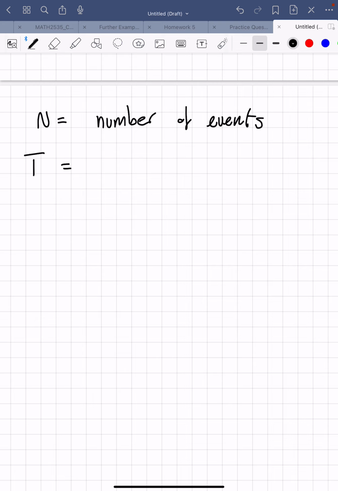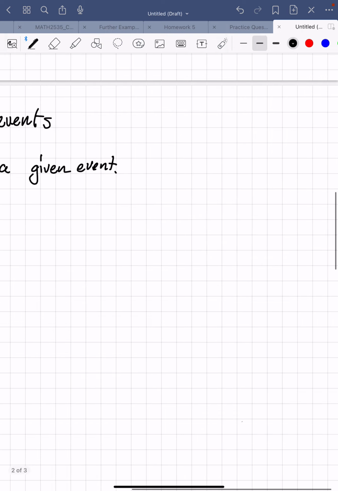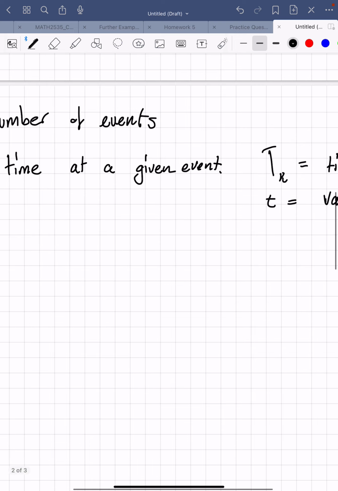T is time at a given event, so when I write T_k, that's the time at event k, and if we have a little t, that is the value of the time.